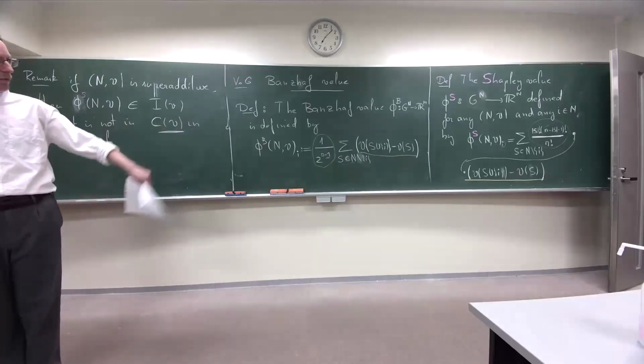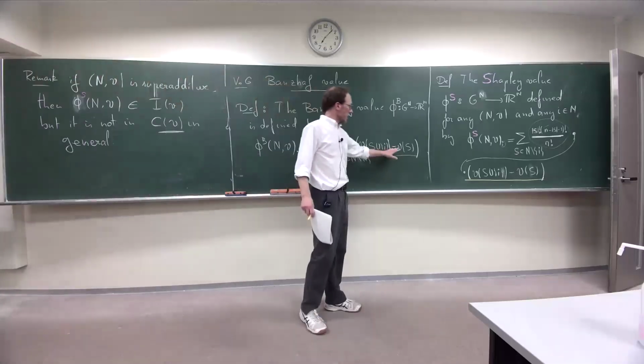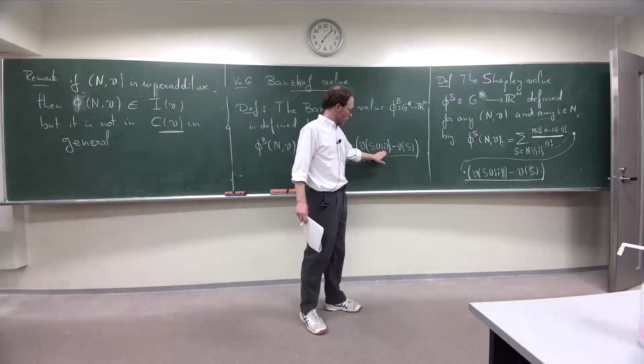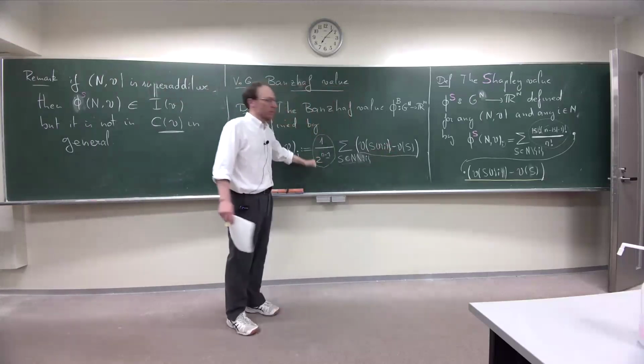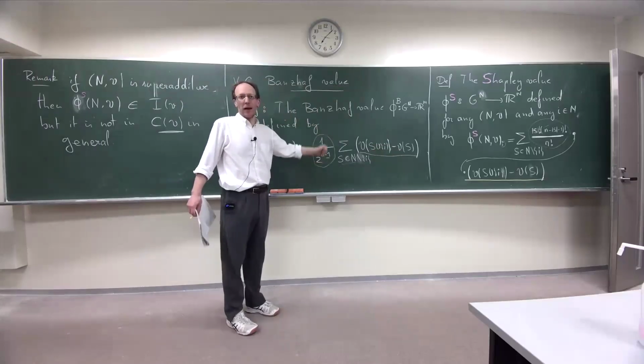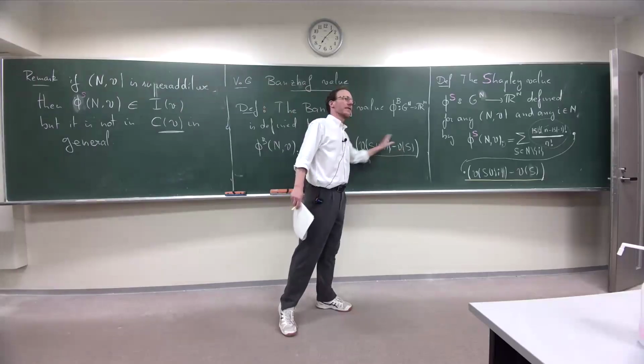Exactly 2 to the power n minus 1. So in fact, we take all coalitions which do not contain I, we sum these differences, and we divide by the number of terms we have taken. So it's an average over all these differences.